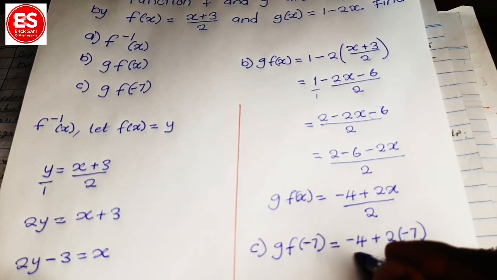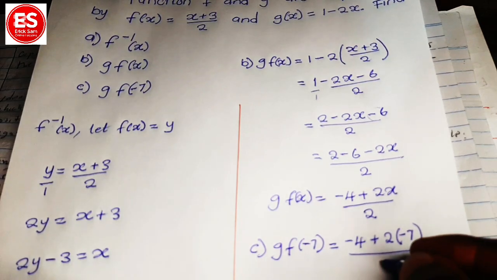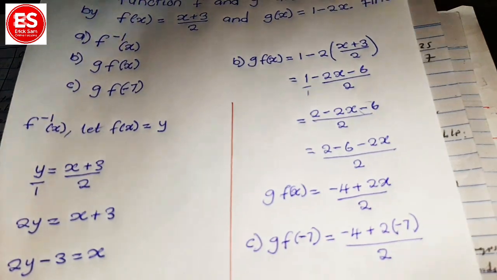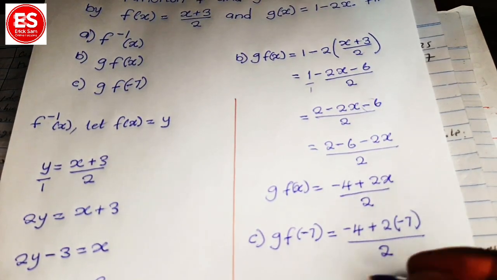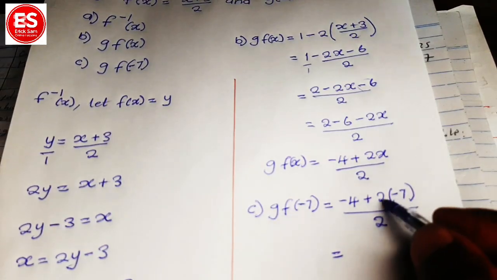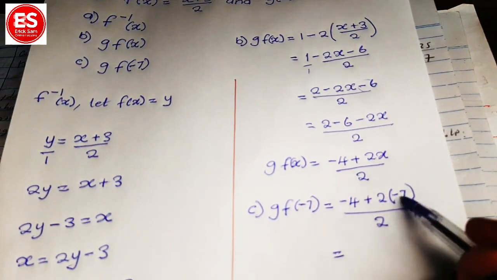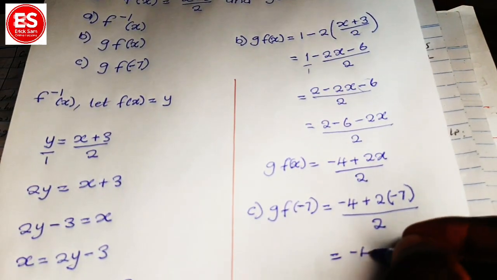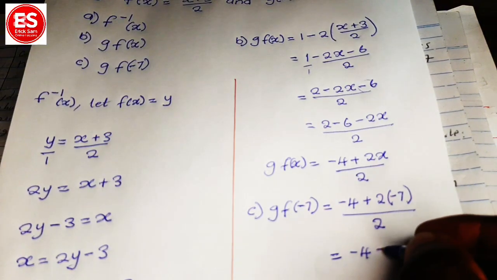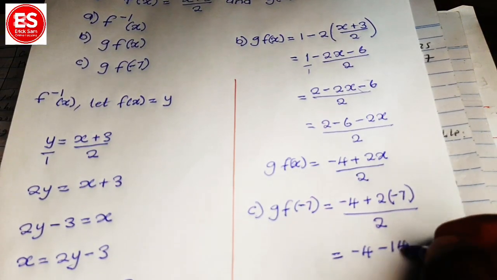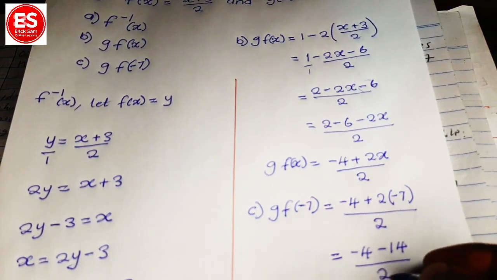Then over 2. Now here you're going to say equal to, remember there's multiplication there, 2 times negative 7, that is negative 14, so negative 4 minus 14, over 2.